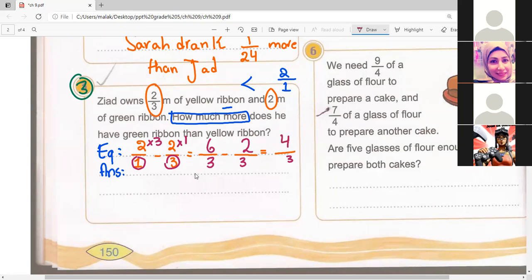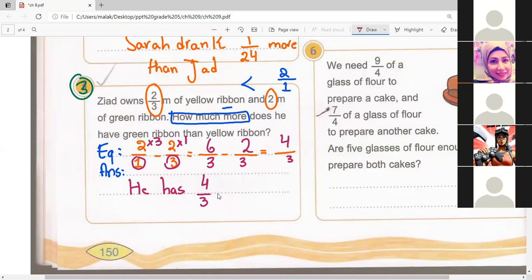Thank you. So he has green ribbon more than yellow ribbon by how much? By 4. Excellent. Thank you, Fatima. Ali, correct. My internet went out. Okay, Ali, no problem. We continue. So he has 4 over 3 more green ribbon.